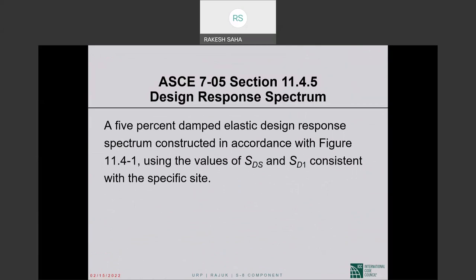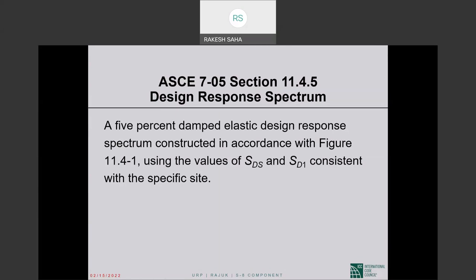Now ASCE 7 tells you a whole lot of things. IBC is a little more reticent. It doesn't have a lot to say. I don't think I will read this, but let us see.